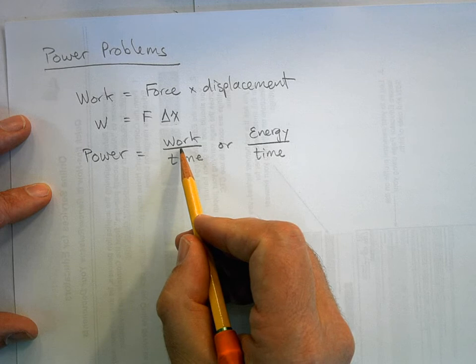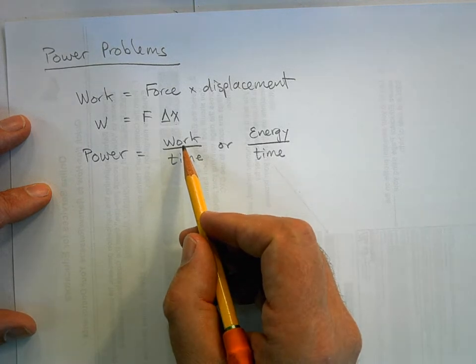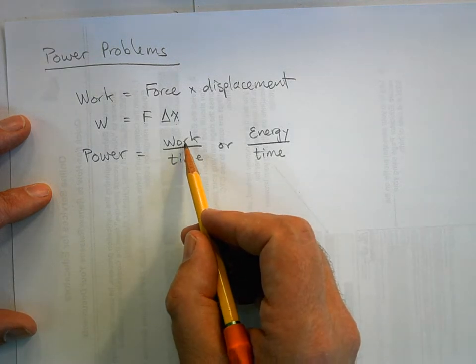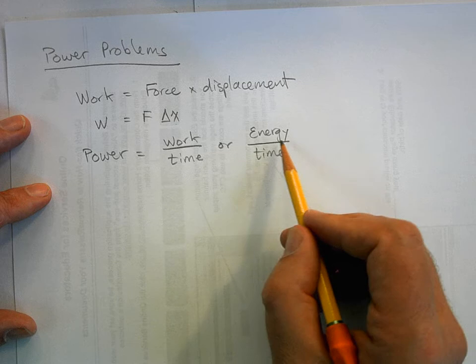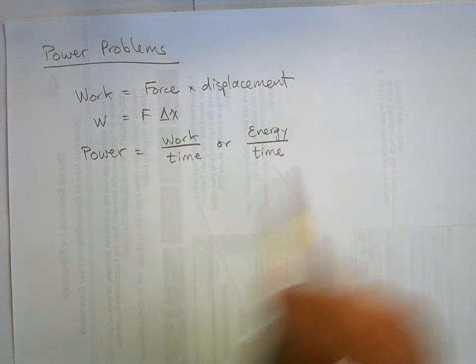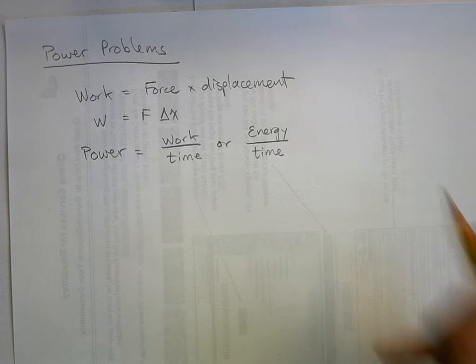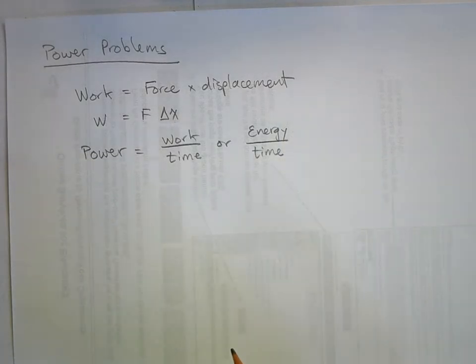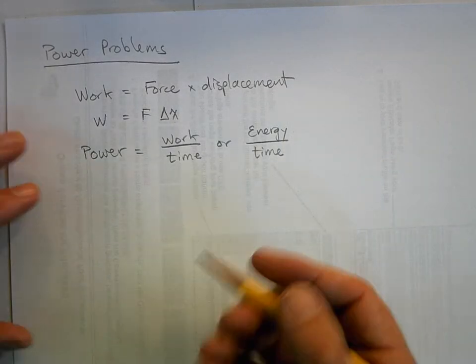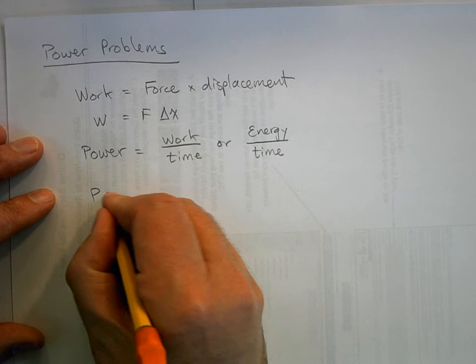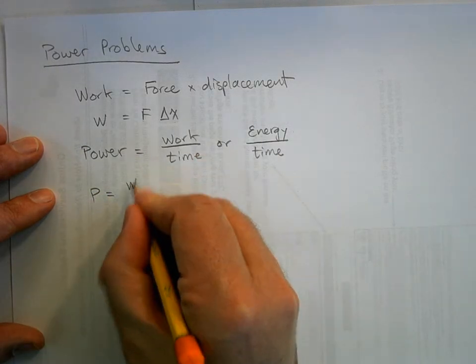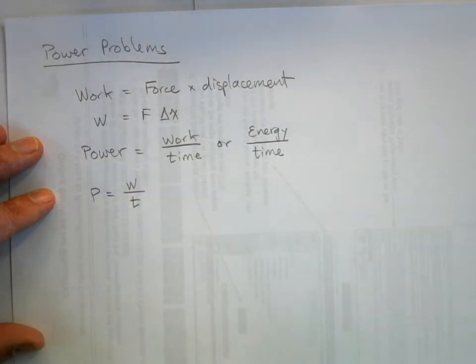Remember that work is just energy being transferred through a force. And energy can be transferred in any way, like through electricity or sound or whatever. That'll be okay. And so power equals work over time.